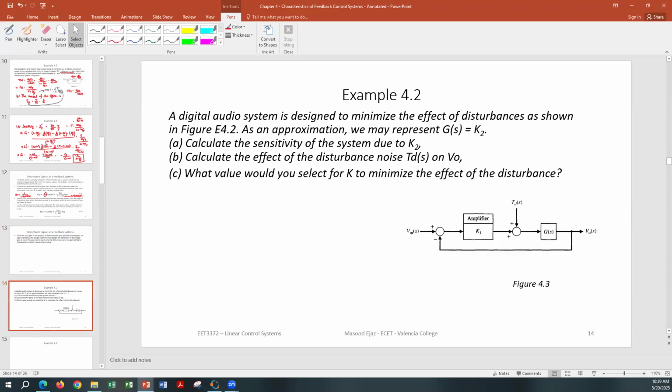Let's look at the second example. A digital audio system is designed to minimize the effect of disturbances, as shown in this figure. As an approximation, we may represent G(s) equal to K2. So this G(s) is a gain K2.